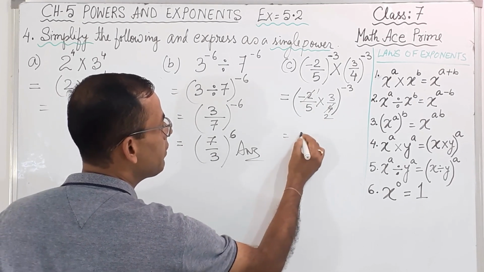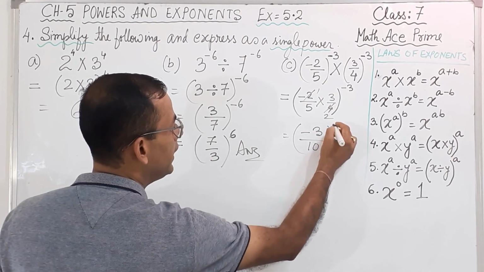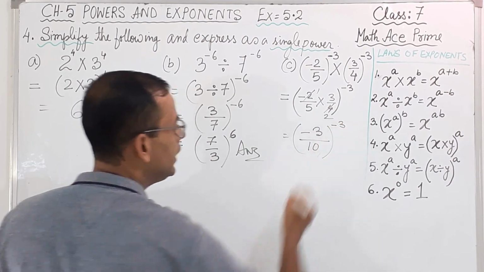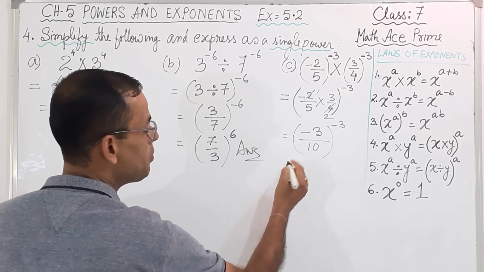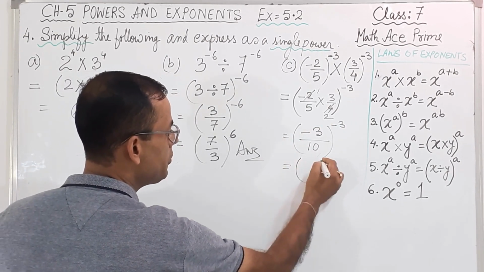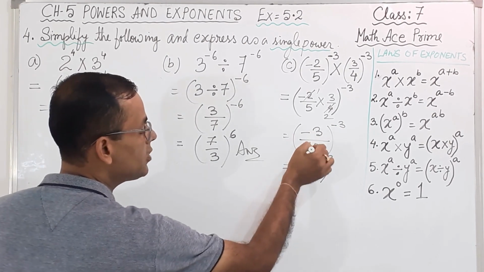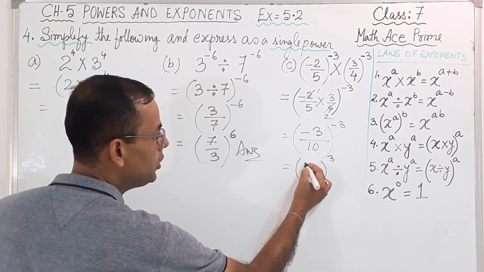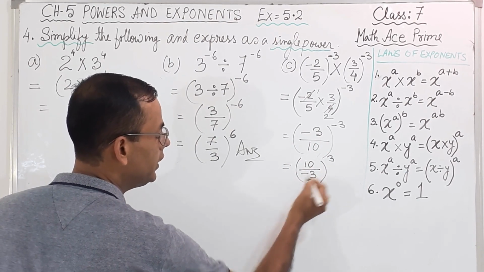So you get minus 3/10, and then to the power minus 3. Now I told you we will try to make the power positive. If I want to make it 3, then this will become inverted. So 10 will go up and minus 3 will come down.